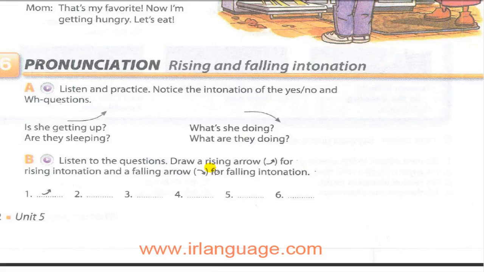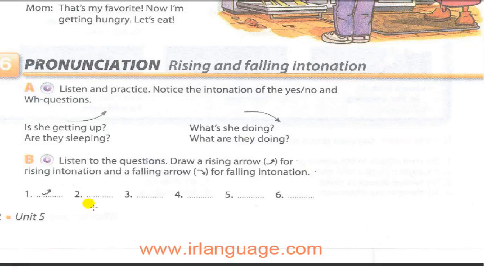Page 32, Exercise 6, Part B. Listen to the questions. Draw a rising arrow for rising intonation and a falling arrow for falling intonation. 1. Are you wearing a coat? 2.